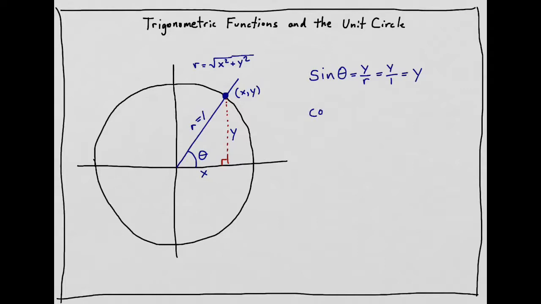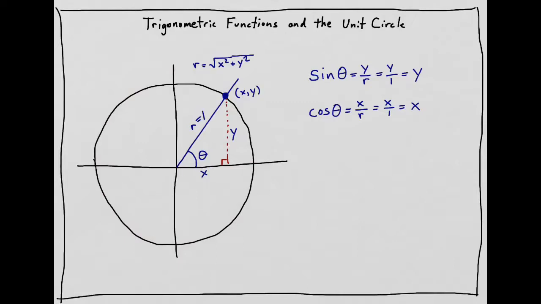Likewise with cosine, cosine is defined to be x over r, but since r is 1 for the unit circle, the value of cosine theta corresponds to simply x. So the unit circle is special in part because we can think of the coordinates as equivalent to the sine ratio for y and the cosine ratio for x.